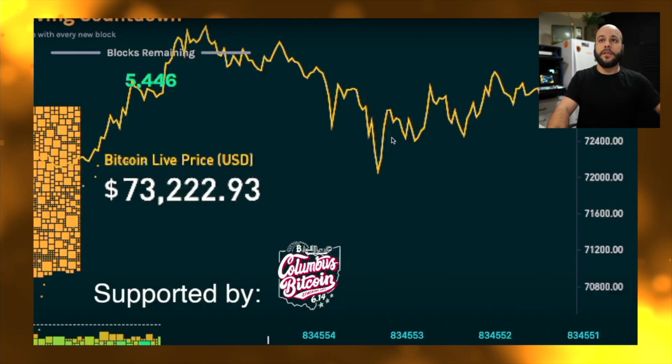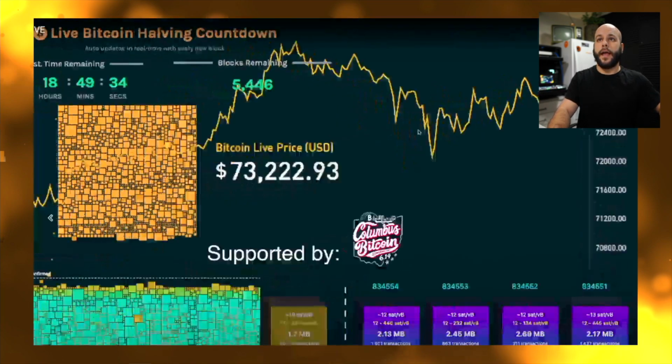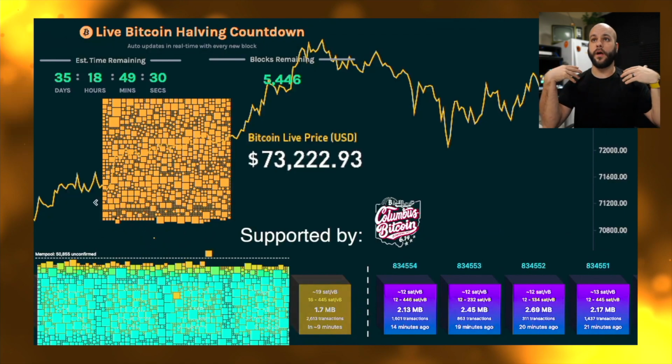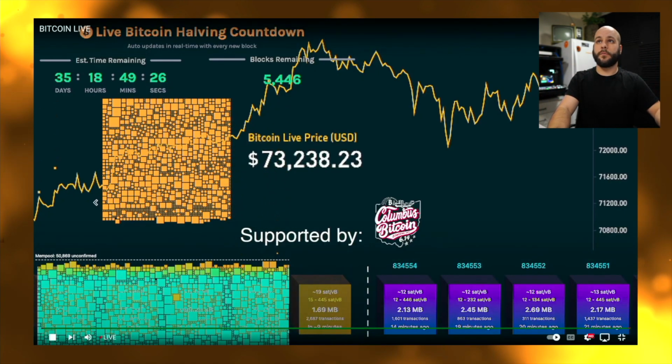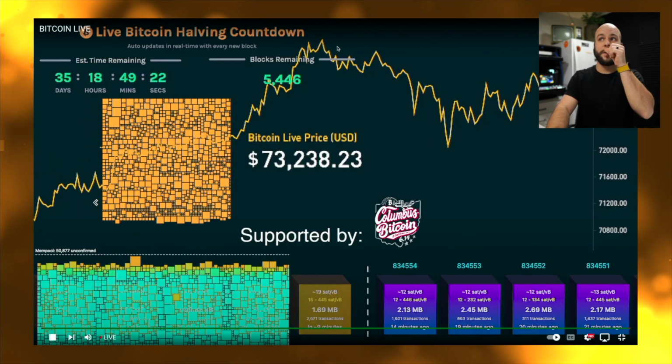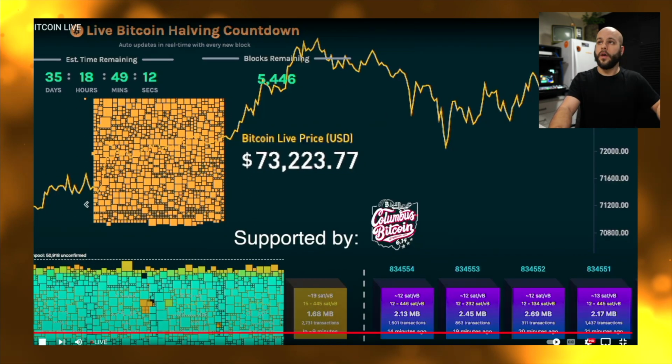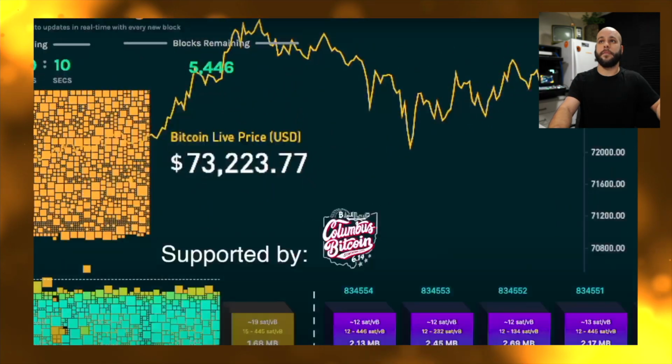That is updating in both places, and it really just shows a 24-hour window of what Bitcoin has done. You can see it got up close to 73,600, and it's somewhere around the 73,200 area now. So that is the price right here, and the ticker that goes along the side there.